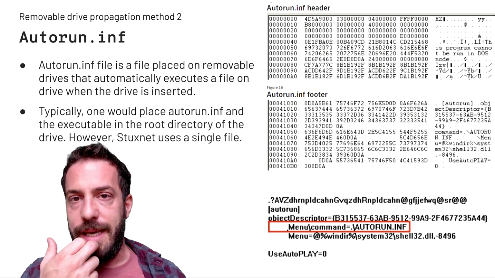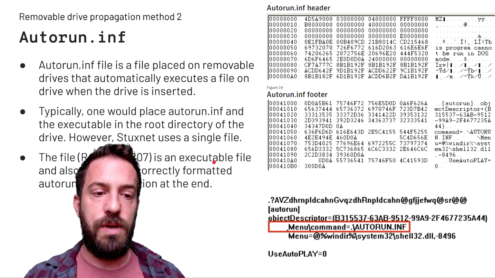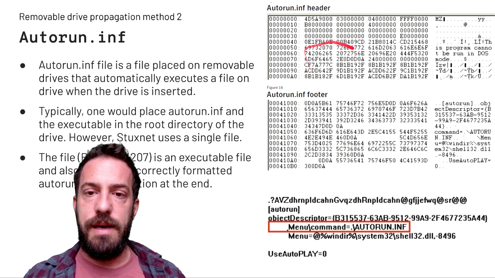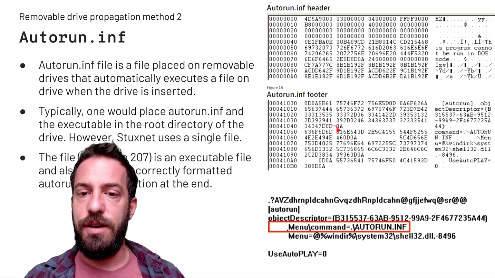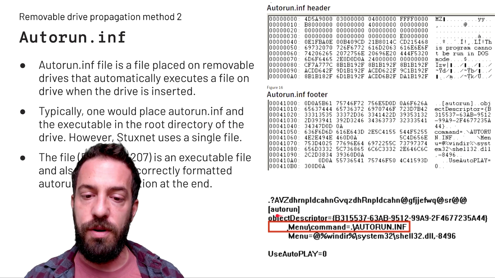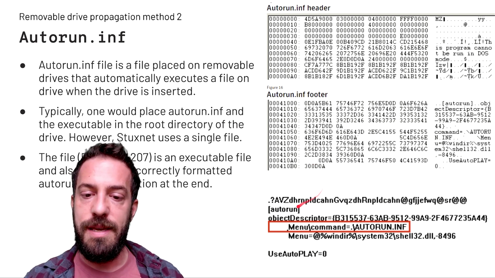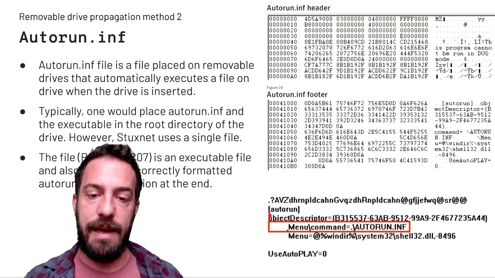The issue is that this autorun.inf parser is pretty forgiving. When you see on the right side, the autorun.inf footer actually has a lot of information before this autorun tag appears. So the autorun.inf parser will just ignore everything until it finds that tag.